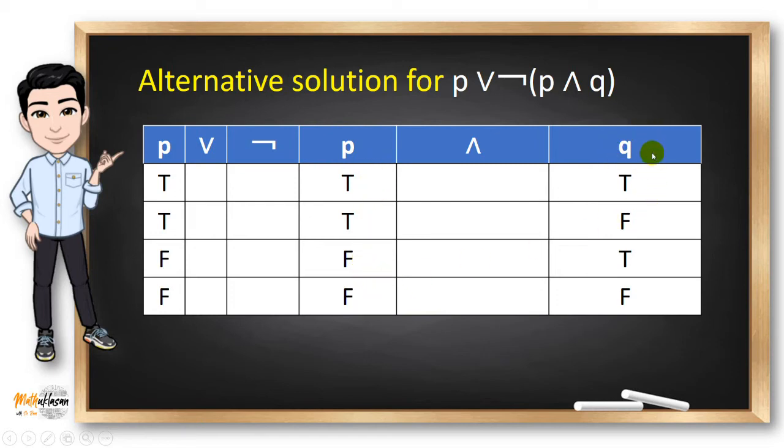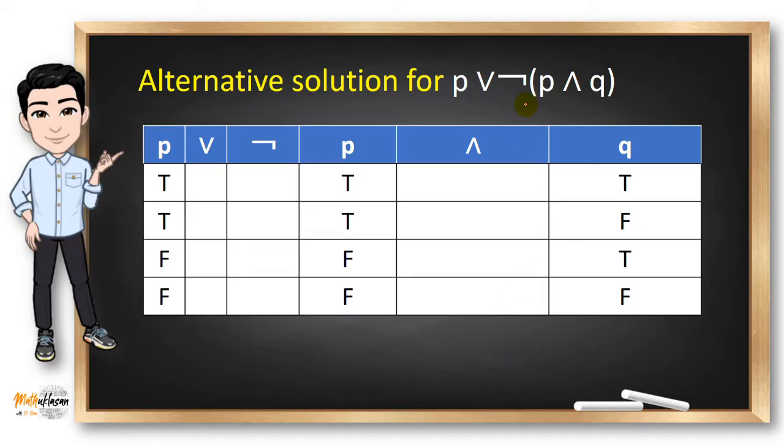Now for Q, we're going to use our second pattern, which is TF, TF. But what if you place TF, TF in P and double T and double F in Q? That's okay, we'll still have the same final truth value outcome.